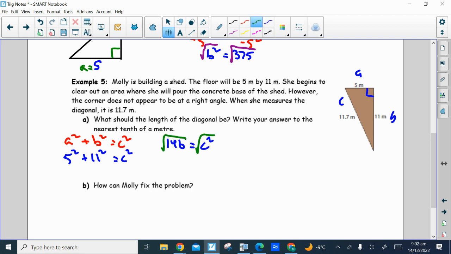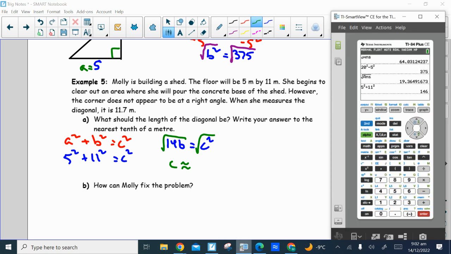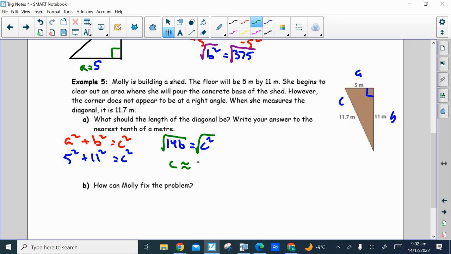To find out what C should be, we'll take the square root of both sides. So we need to take the square root of the 146. Approximately 12.1 to the tenth of a meter. So it should be 12.1.